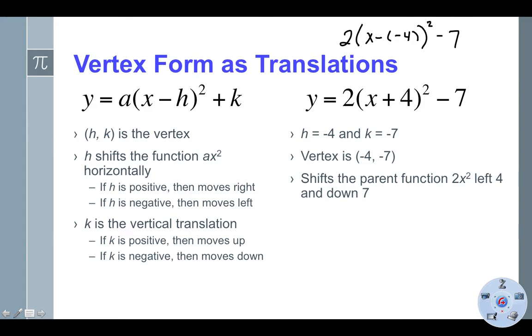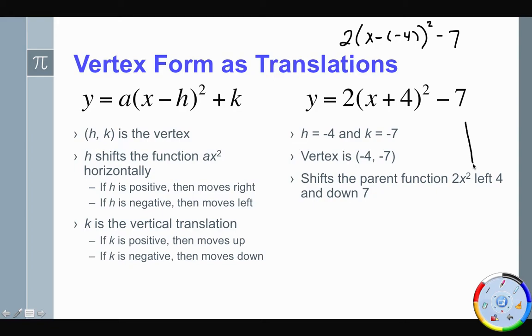So if we were to graph, which we'll be doing in a few minutes, instead of having a vertex at 0, 0, it moves my vertex left 4, down 7, over to negative 4, negative 7. The new vertex is going to be down here, and then it's going to make some sort of parabolic shape. But we're not doing that yet.